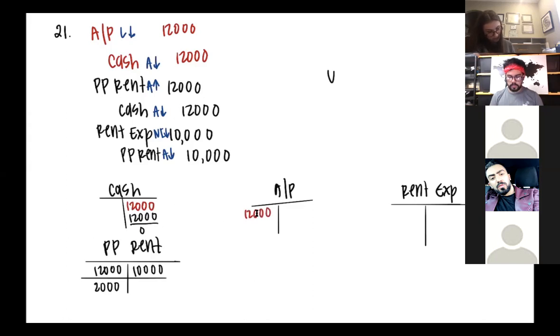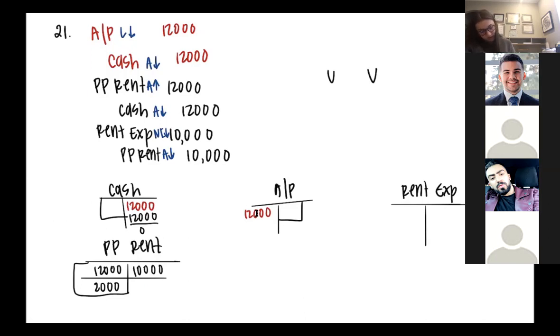So they overstated their liabilities. No. Hold on. If they lowered their liabilities when they shouldn't have, they understated.